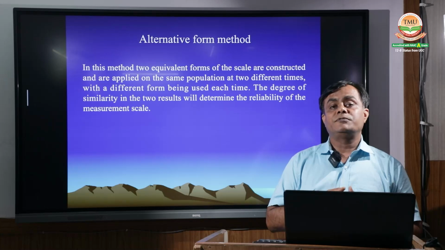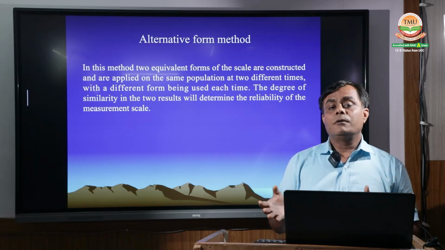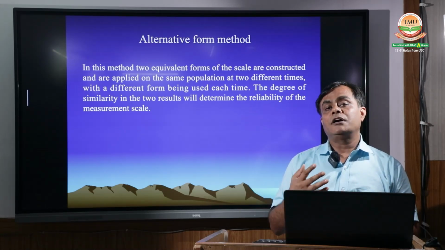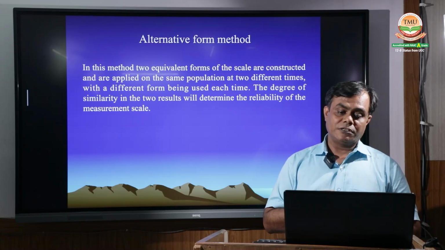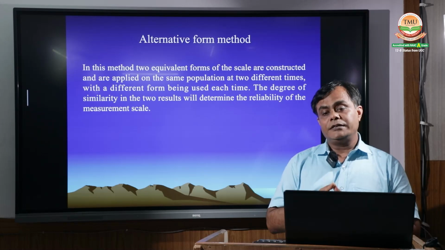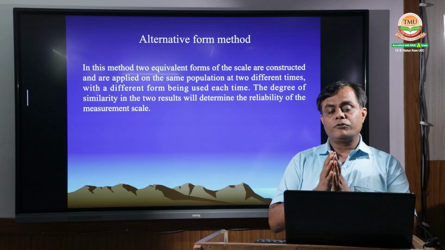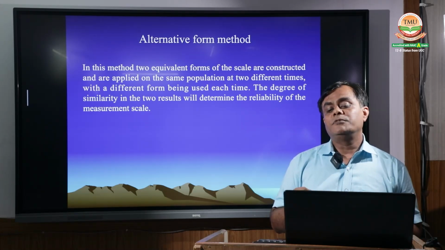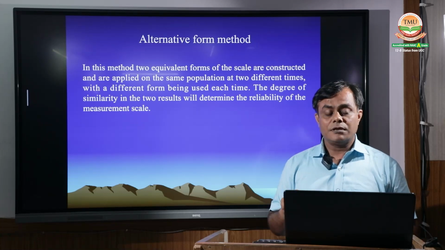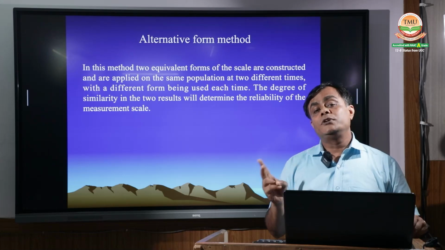Whatever the degree of similarity, that is the reliability of the two measurements. To understand the alternative form method, we construct two equivalent forms of the scale and apply them to the same population at two different times.